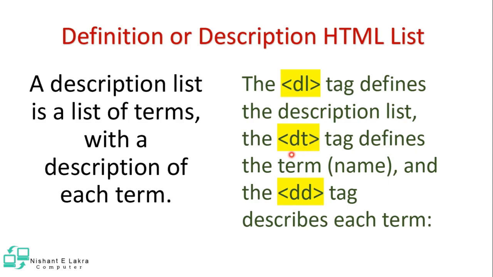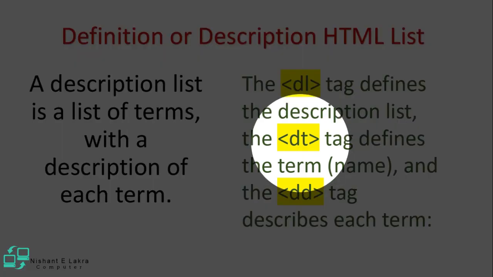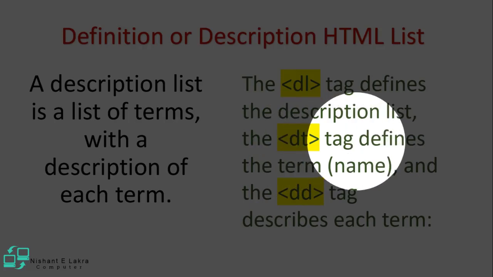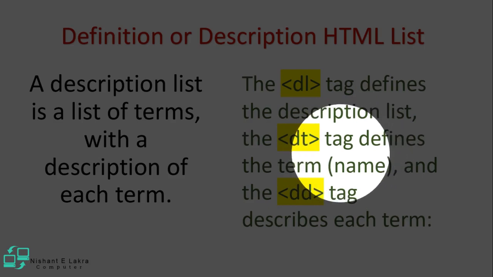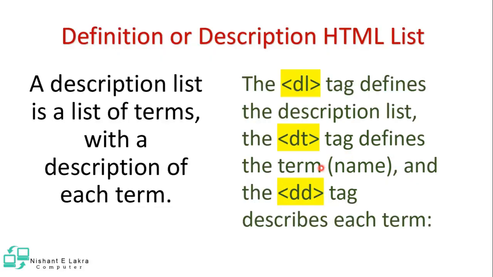Then we have the DT tag, which describes the name, the name of the list, the name of the word. And then the DD tag describes each term.